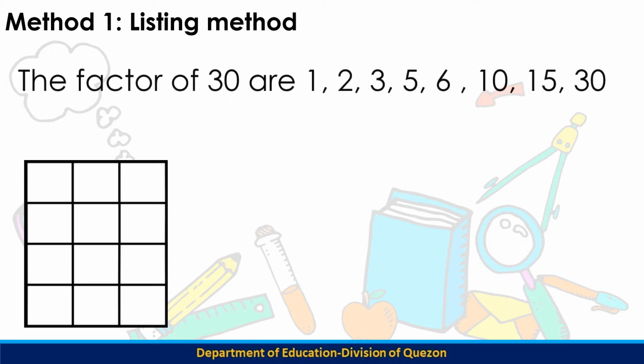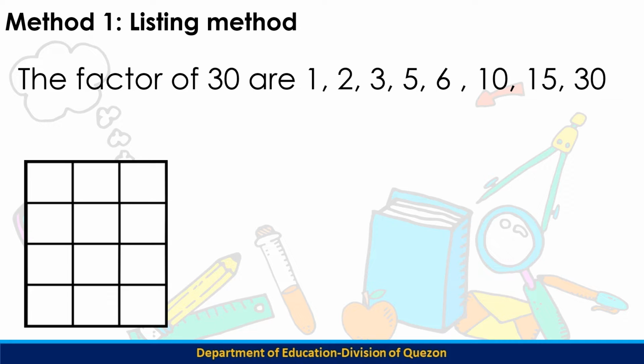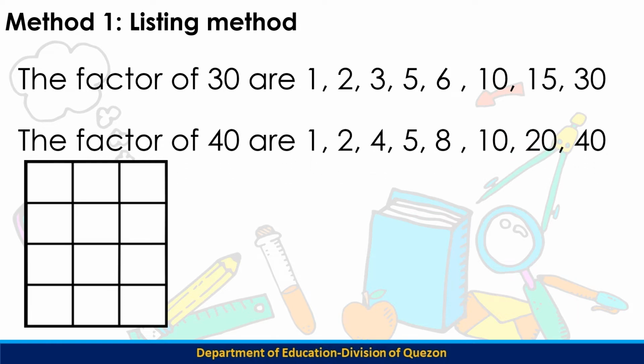Let us see. The factors of 30 are 1, 2, 3, 5, 6, 10, 15, 30. While the factors of 40 are 1, 2, 4, 5, 8, 10, 20, 40. Now, we have the same factor of 1. We have also the same factor of 2.